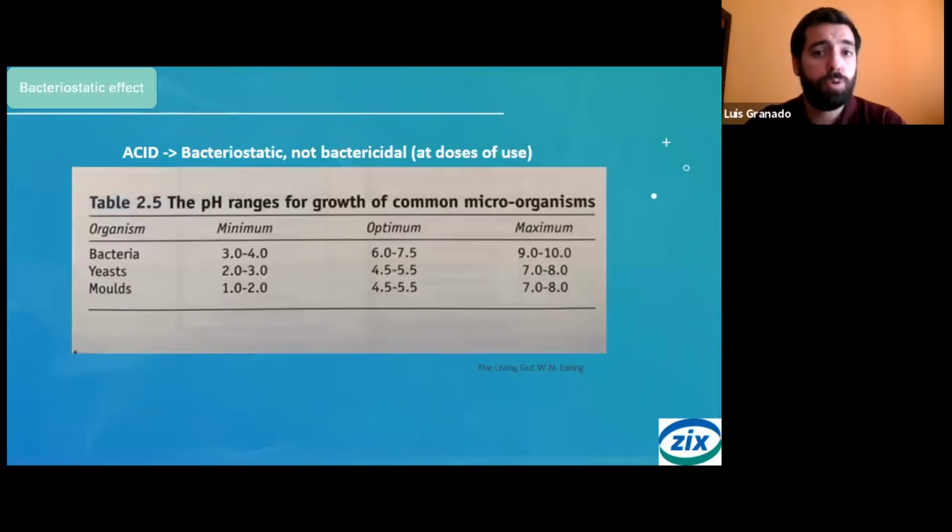Coming back to the same that we said before, acids are bacteriostatic, not bactericidal at the doses of use. We would have to decrease the pH massively to get a bactericidal effect. But working obviously on animal production, we will never go that low. But anyway, remember that they are bacteriostatic. They will reduce the bacterial proliferation. Don't get the idea that they will kill them.